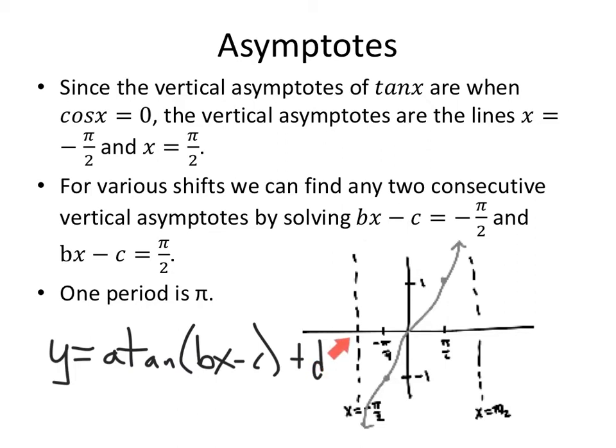So left asymptote, bx minus c equals negative pi over 2, and a right asymptote at bx minus c equals pi over 2. Because tangent is positive in quadrant 1 and again in quadrant 3, and it just so happens that it takes place in one pi period of time, one period is equal to pi.